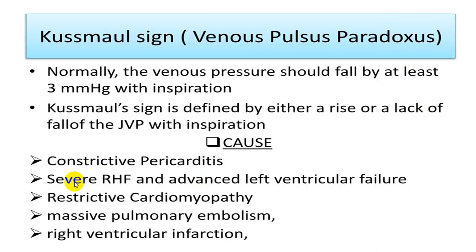You can also demonstrate it in severe right heart failure or severe left ventricular failure, or what we call congestive heart failure. Also in case of restrictive cardiomyopathy, massive pulmonary embolism, RVMI, you can have Kussmaul sign positive, but classical in case of constrictive pericarditis. In a short note, you can mention all these other causes also.